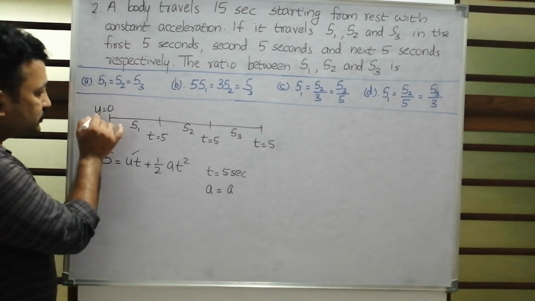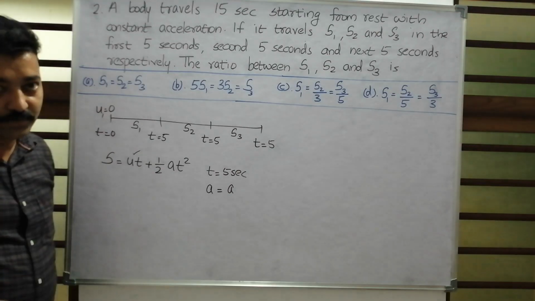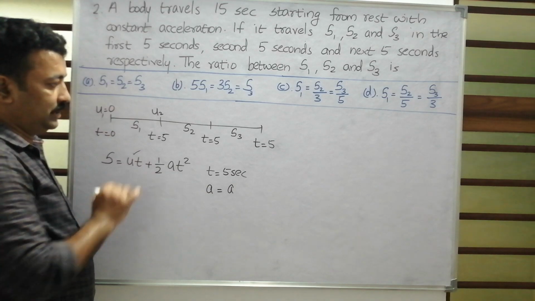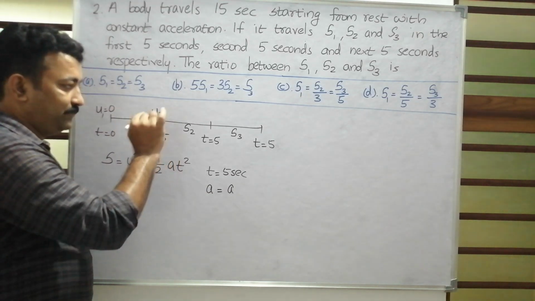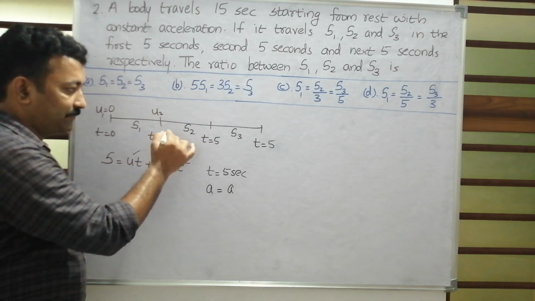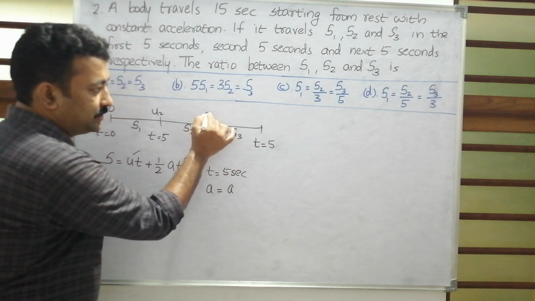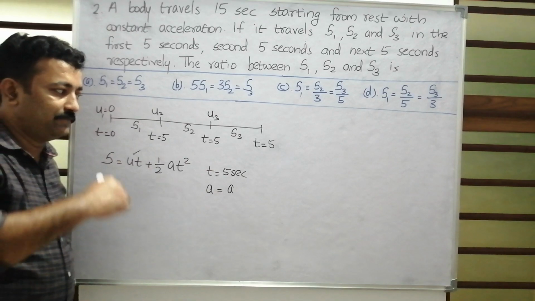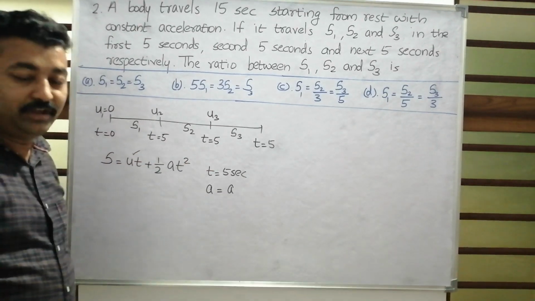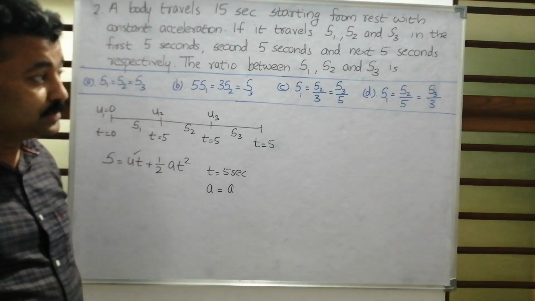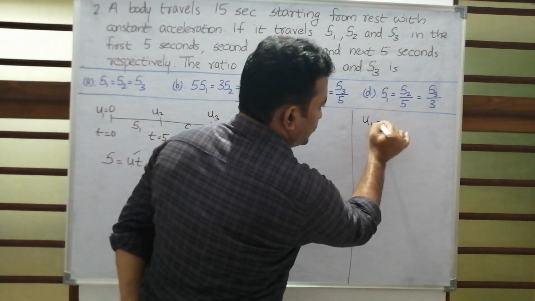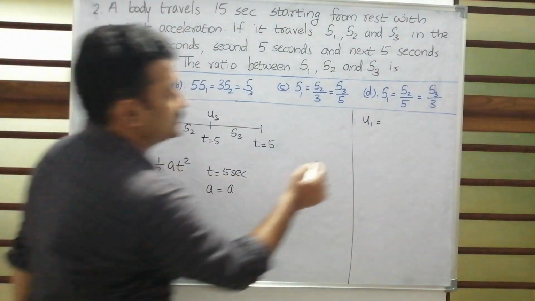Let us call the first one u1. We don't know what u2 is; that is the velocity with which the particle starts after 5 seconds. And u3 is the velocity with which the particle starts after 10 seconds. We have to find those velocities. So u1 is nothing but 0 itself.